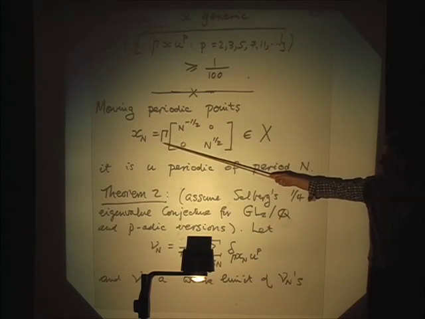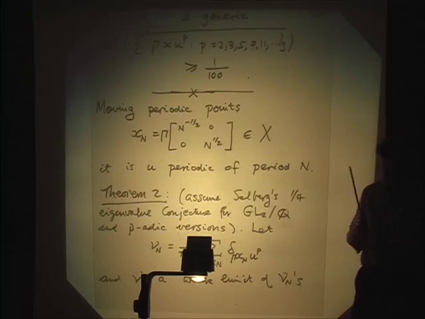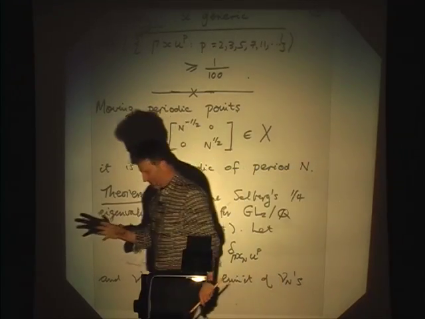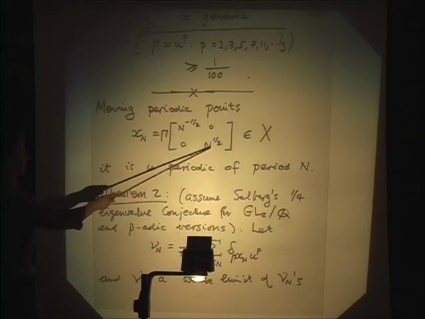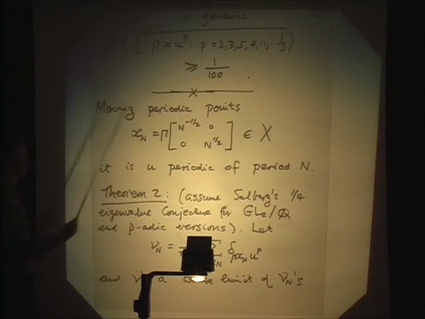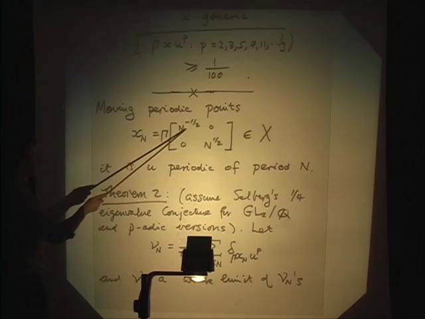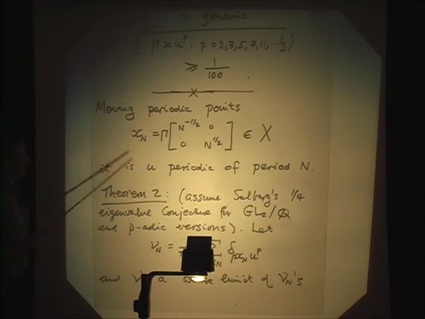So instead of taking my starting point to be a generic point as in case 3, let me take the starting point to actually vary with n. So I will take a periodic point for the flow of period n, which if you check is like that. That's the point I was showing you earlier. Okay, so if I iterate u on this n times, I'll get back to where I start.